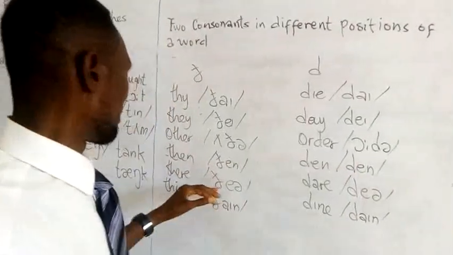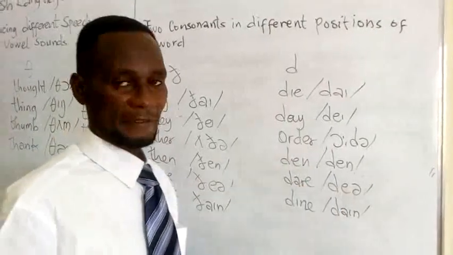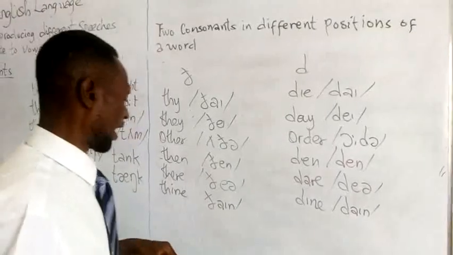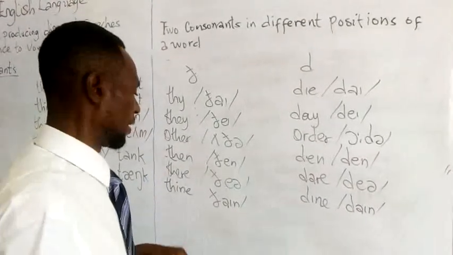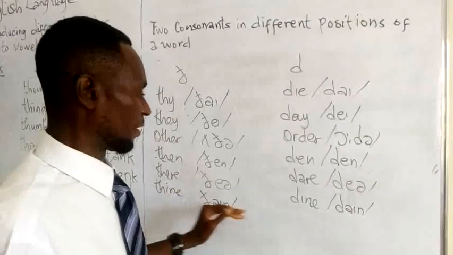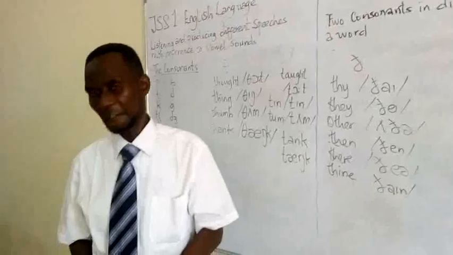Then. There. Over there. Dare me. Are you going to dare me? If you don't do this assignment that I'm going to give to you, you are daring me. There. Dine. Alright.